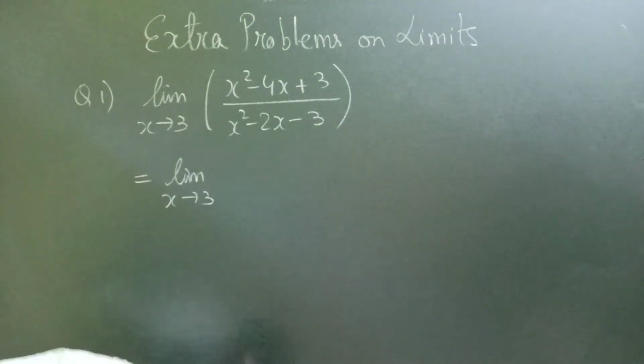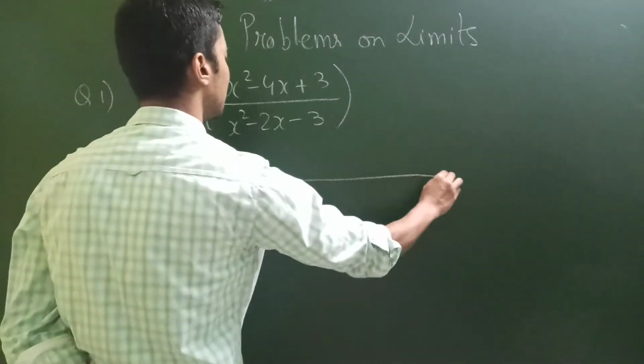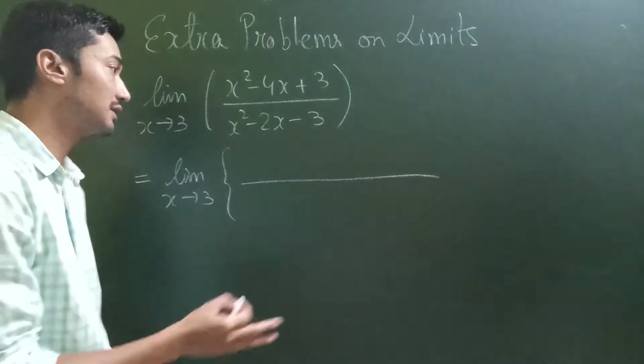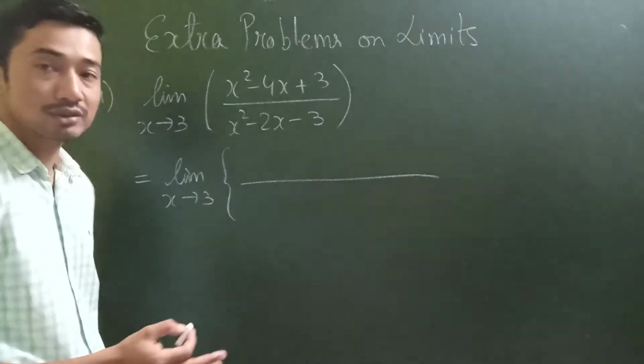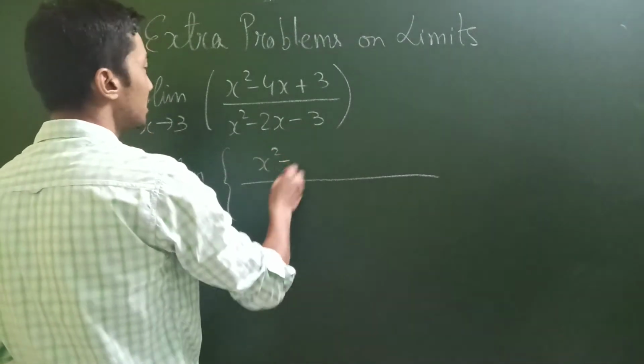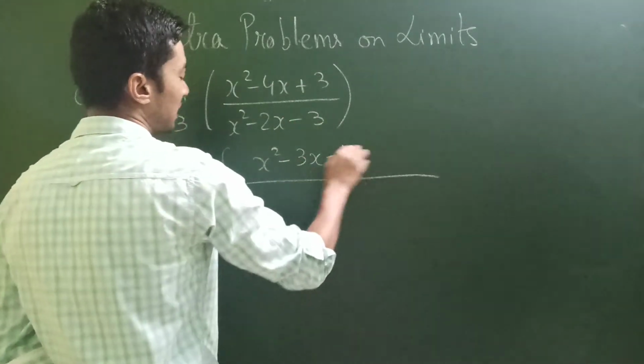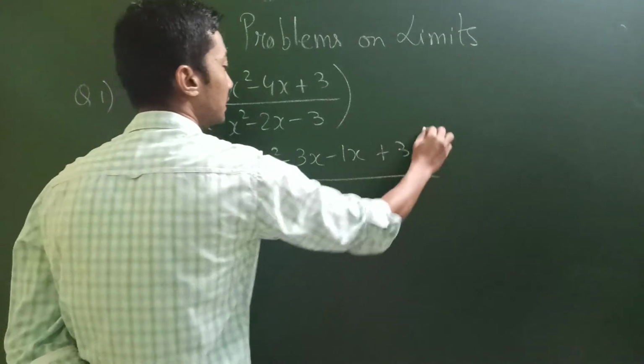So, let's factorize this, using splitting the middle term. Class 11, I believe you also know how to split the middle term. So let's begin. x square minus, 3 ones are 3, so minus 3 minus 1, that's minus 4, plus 3.